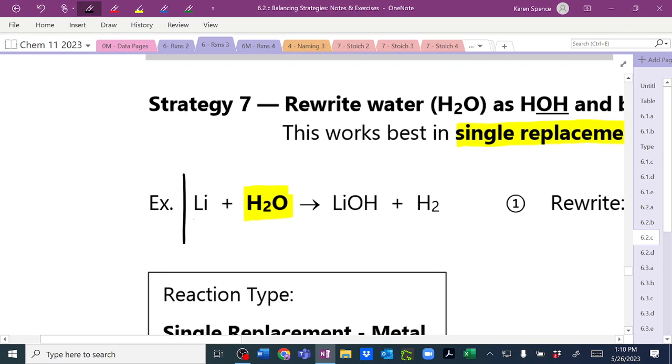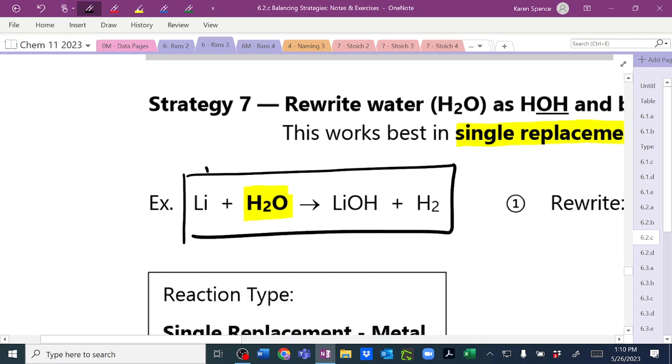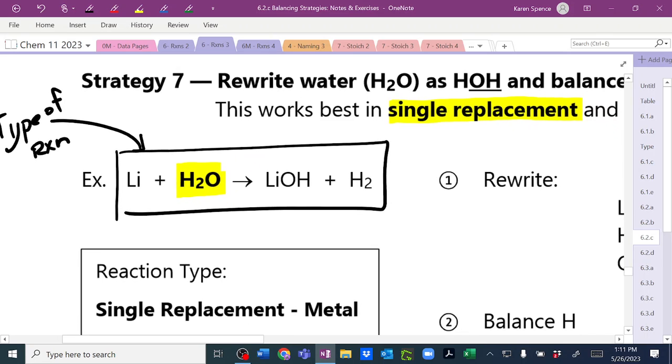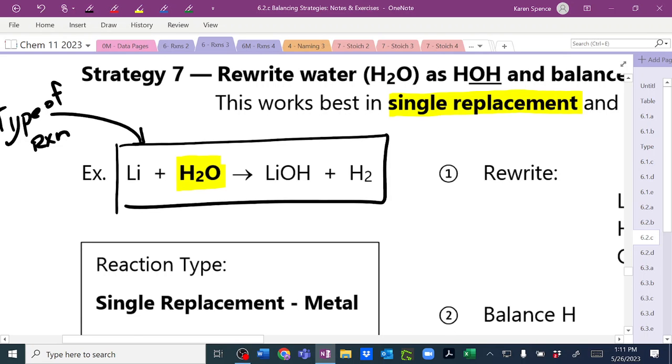What type of reaction is this? It is a single replacement, and I know it says single replacement metal, and I know you can read, but let's figure out how we know that and why this one is a little bit unusual. It's unusual because normally in single replacement metal, a metal replaces a metal. I only see one metal in there, yes?